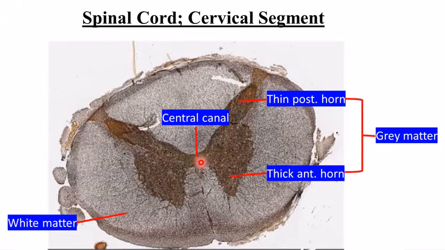We have the peripheral white matter and the H-shaped gray matter. This is posterior and this is anterior: the posterior median septum and the anterior median fissure.